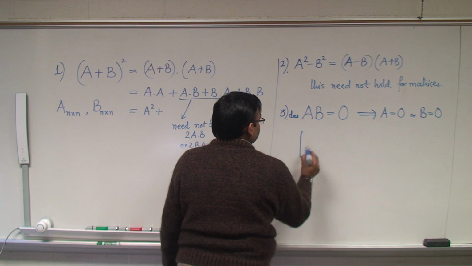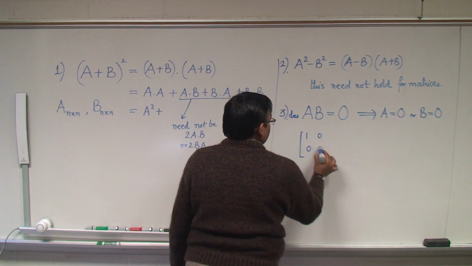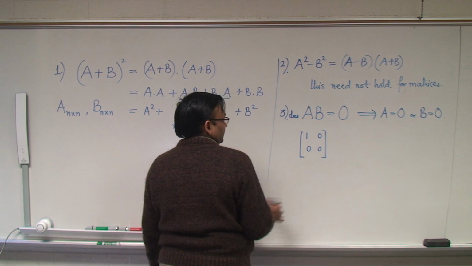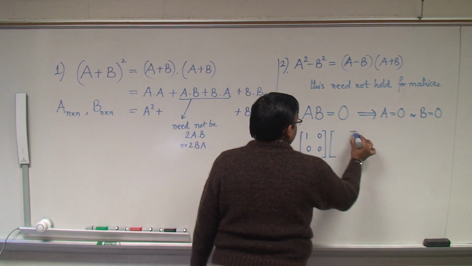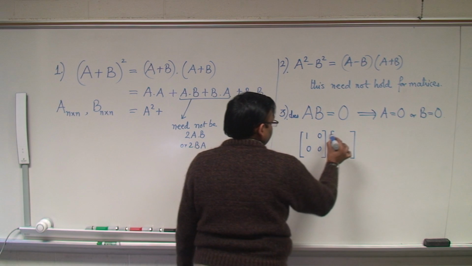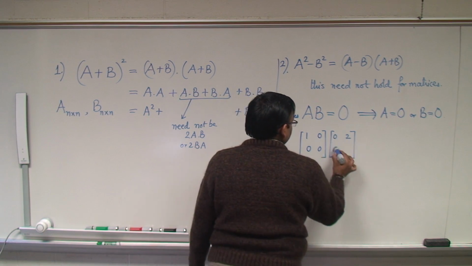So let's take a simple example. Here is my matrix A, which is 1, 0, 0, 0, and here is my matrix B, let's say 0, 2, 0, 0.